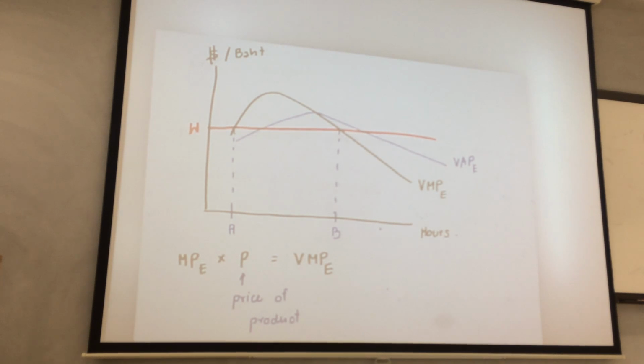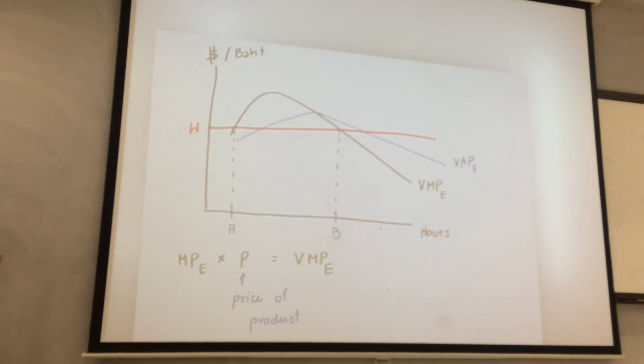What should be the optimal level? What would be the optimal level? A or B? Because B, right? Why won't you produce at A? What's wrong with A?